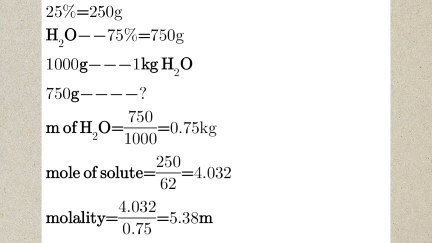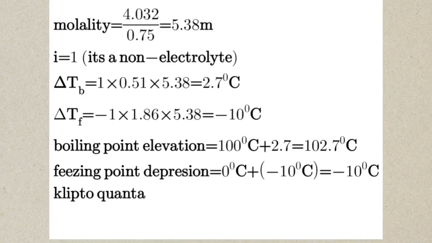Here we have two different things. There's a difference between finding the change in the temperature of the boiling and freezing point. If that is what you are asked for, you just apply the normal formula.